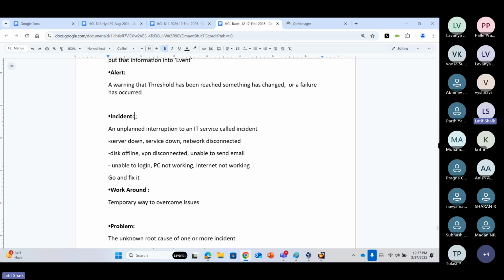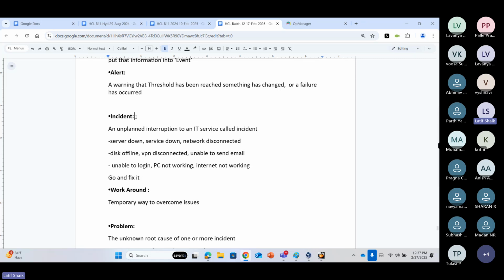Unplanned interruption. For example, in the morning you woke up, got ready, and are going to the office. You are about to reach the office, and a tire puncture, the bike stops working. That is an unplanned interruption.